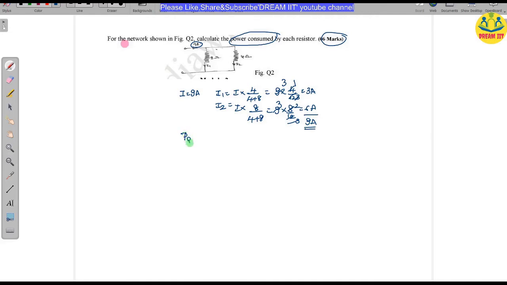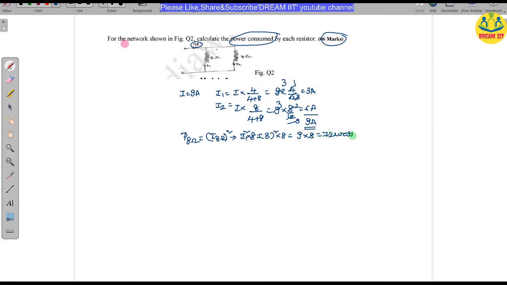So power consumed by the 8 ohms resistor, I am writing, that is current flowing through 8 ohms whole square, that is given as I1 square into 8. That is in the problem it is given. So I1 you got as 3 whole square into 8, that is 9 into 8, that is 72 watts.